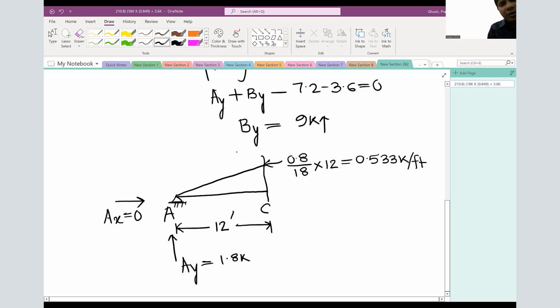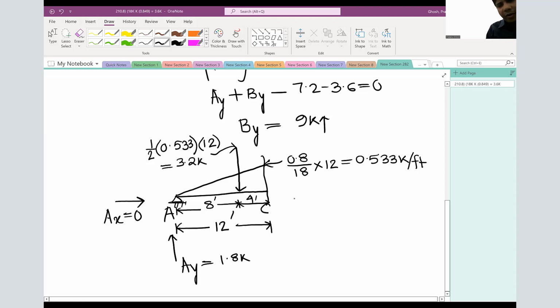So our new equivalent triangular loading, area of the triangle, half times 0.533 times 12, comes out to 3.2 kip. And where is it acting? At 2/3, so 8 feet. And then from there to the cut section is 4 feet.